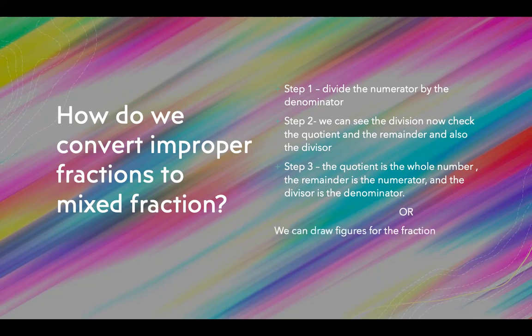Or we can just draw figures to represent, or in other words convert, the fraction. This might not be understandable right now, but I'm going to show you some examples by which you can understand.